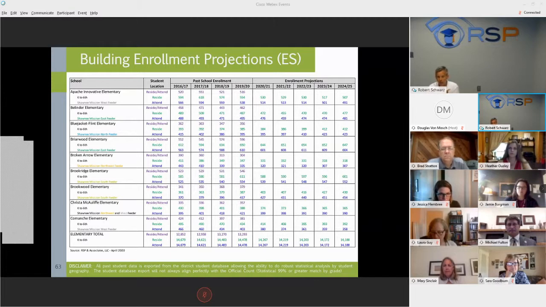That's one element. The second might relate to other things that get into, let's say, cultural elements, traditions of some buildings that people want to go to, that might relate to family circumstances where maybe they lived in Apache, alphabetical here, they lived in Apache, but they moved out of Apache and they still want their student to remain at Apache.